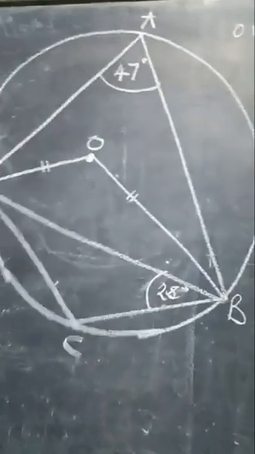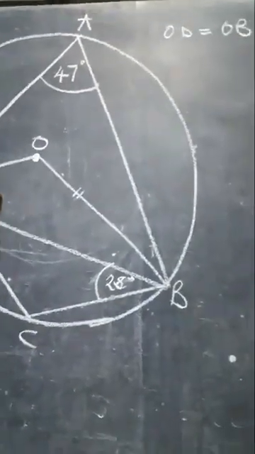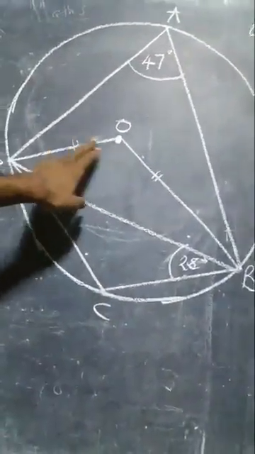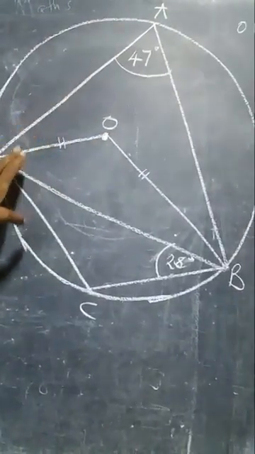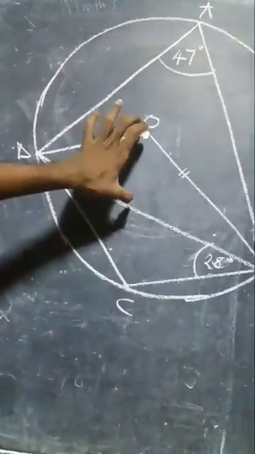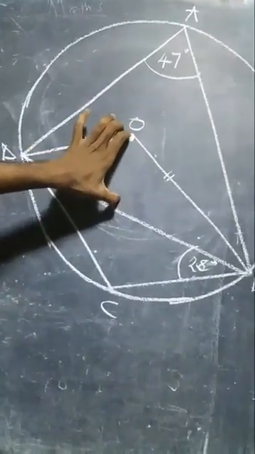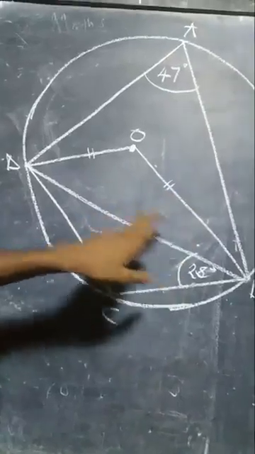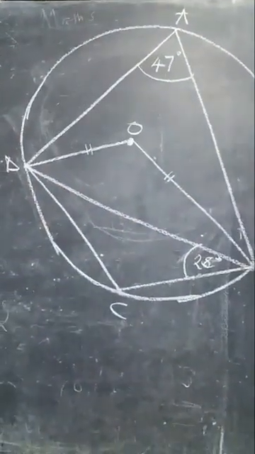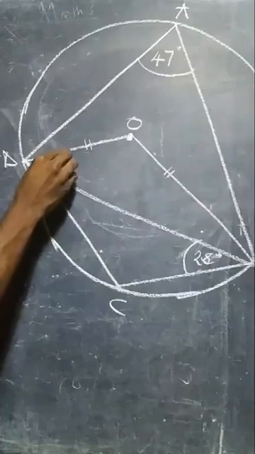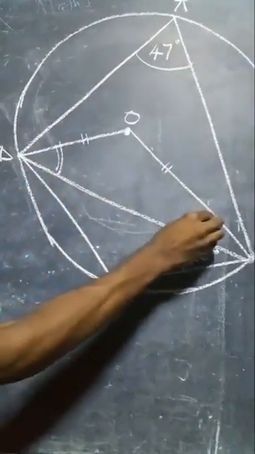So what do we know about triangles? If these two sides are the same, that means definitely this is what is known as an isosceles triangle, meaning base angles are equal. That means this angle is equal to that angle.